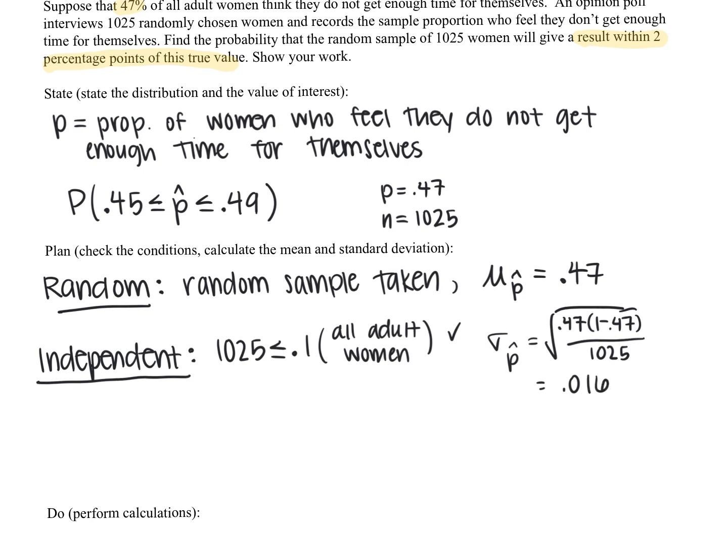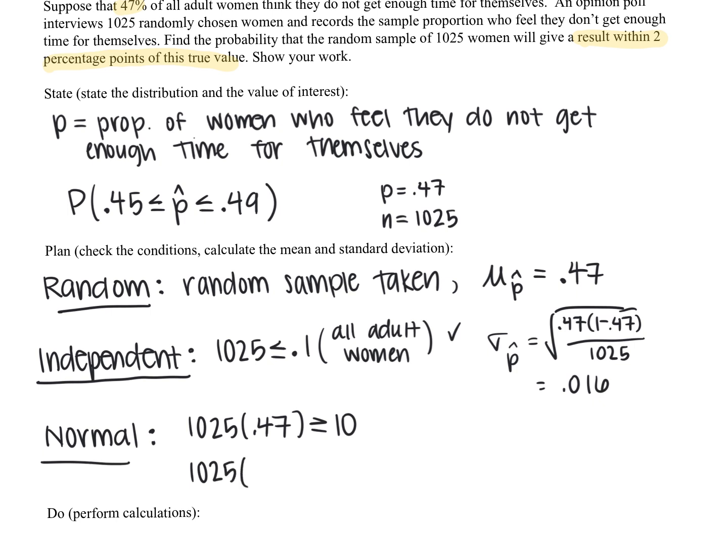And then the last condition I have to check is, is it normal? So when I'm checking for normal, two things I have to check: n times p, so 1025 times 0.47, has to be greater than or equal to 10, and n times 1 minus p, 1025 times 1 minus p, has to be greater than or equal to 10.